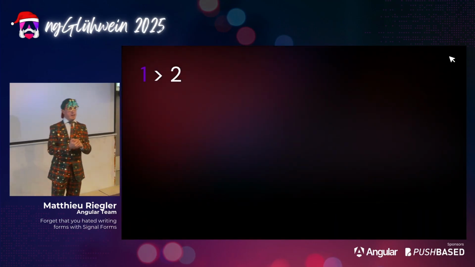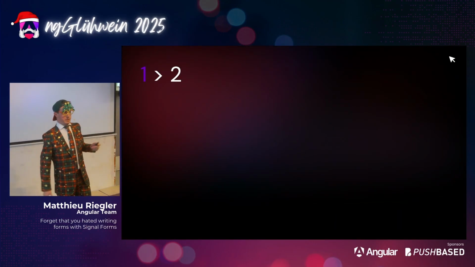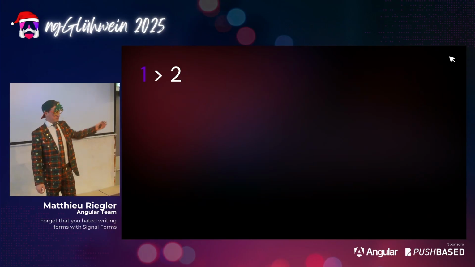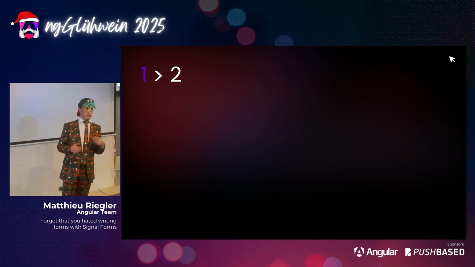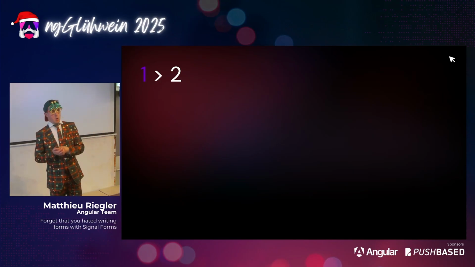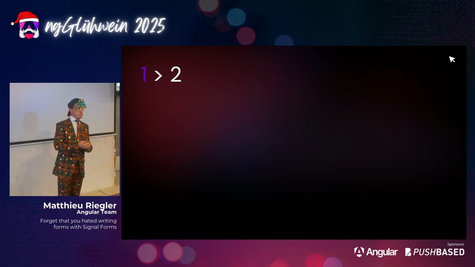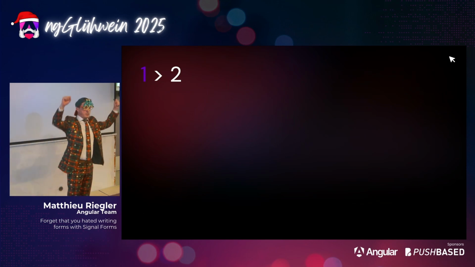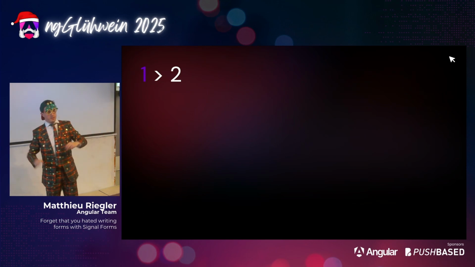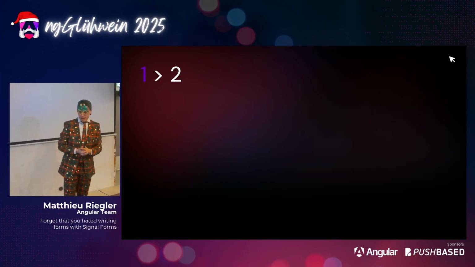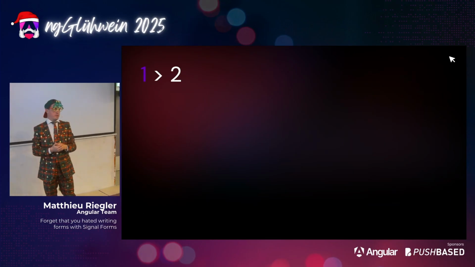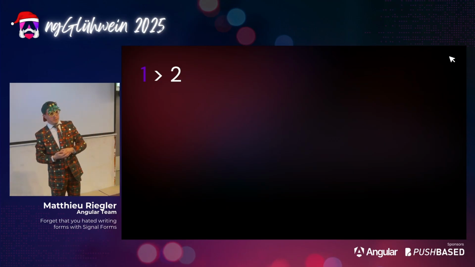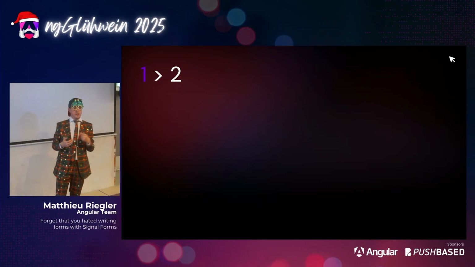One of the key ideas that we had with Signal Forms was that we wanted to answer one of the biggest questions Angular developers have: which forms API should I use? Usually when I talk about forms, half of the audience is like, yeah, template-driven forms is the best. The other half is like, reactive forms are the best. Well, we want to give you a single answer, saying, okay, today, or maybe in the very near future, you have a single answer to that question.